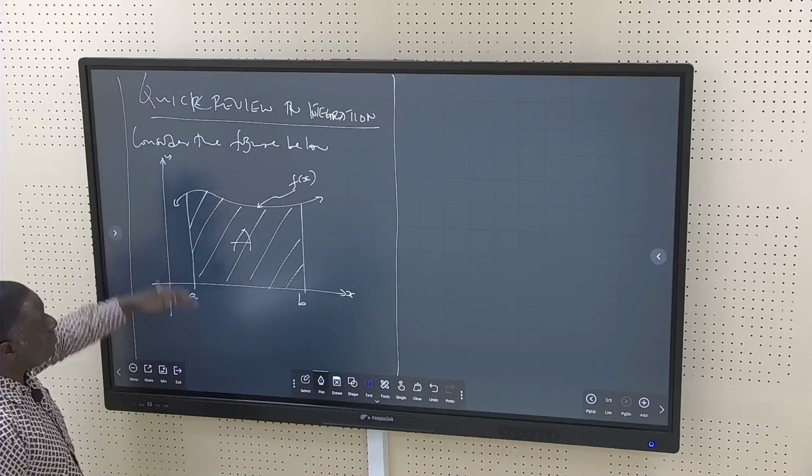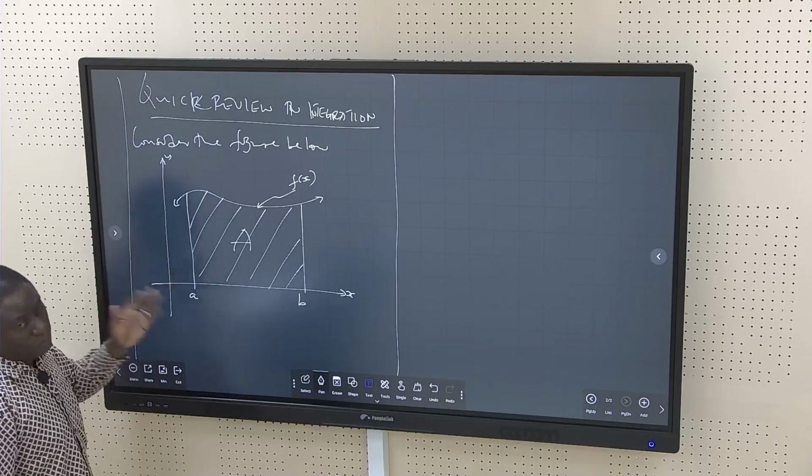Now we can divide this region A into small strips. This is our function f of x, this is a, this is b, and this is x.